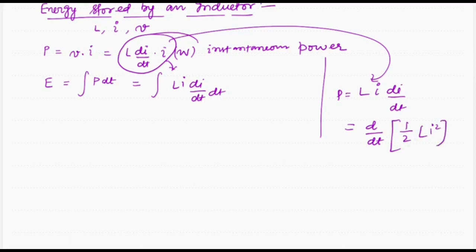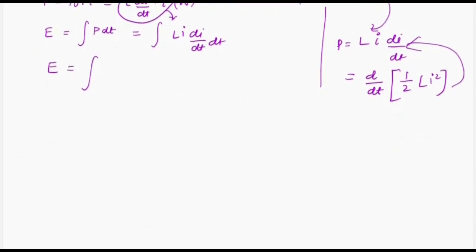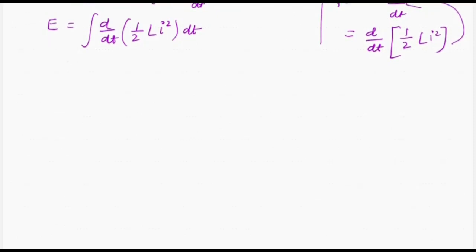If we differentiate this, we get L i di upon dt. So putting it here, we get the direct integration of d by dt of half L i square dt. So finally we get half L i square.